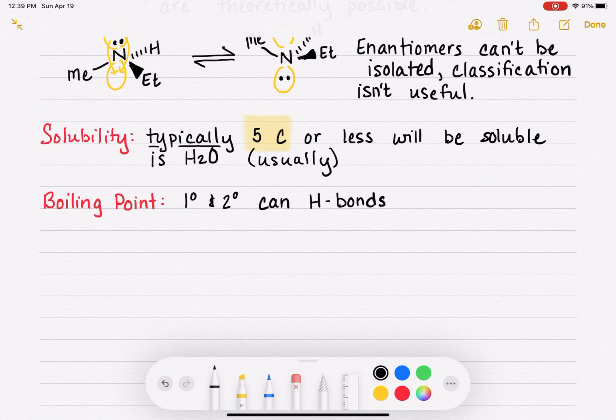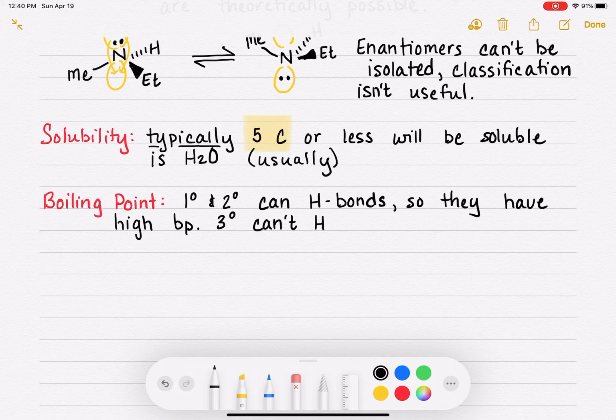So that means that they have pretty high boiling points. And then tertiary amines, because they have no hydrogens, no nitrogen-hydrogen bond, are not capable of hydrogen bonding. So they have relatively low boiling points.